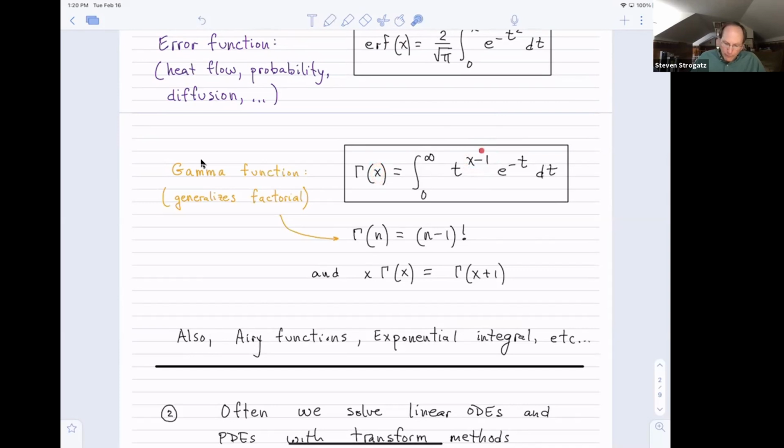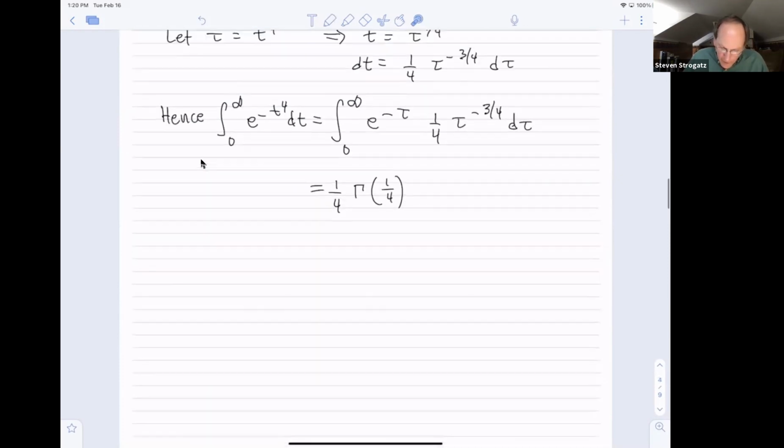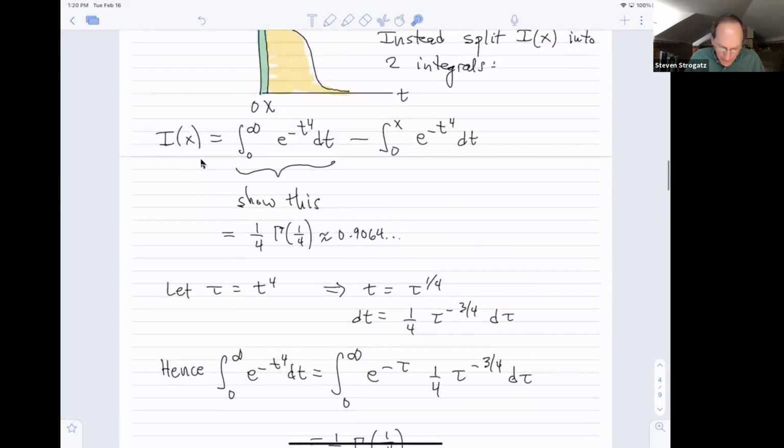You go up by 1 from here to get that. So that's what we did. And so it's 1/4 gamma of 1/4, which you can ask Mathematica to evaluate, and it's that number I just said. Okay, so that's our first integral. That's the total area under the curve. And then the next thing is to go back and deal with this second integral.